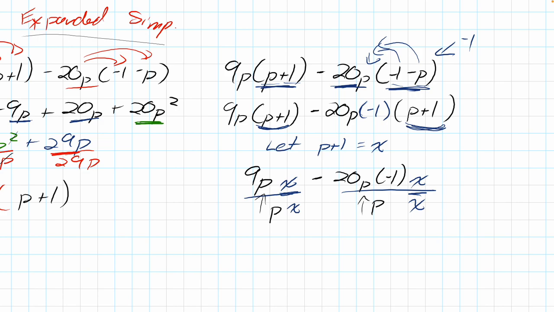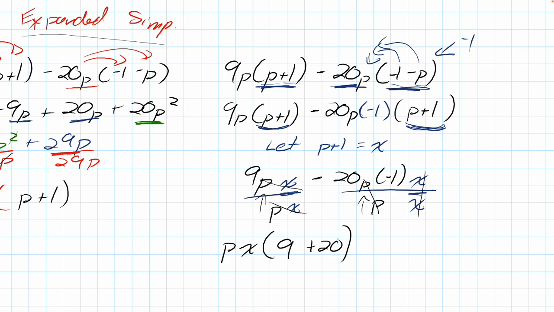This is a negative 1. I'm going to keep it and we can deal with it after. But let's common factor out px. When I do that, this all disappears and we have a 9. And here we have negative 20. The p disappears, the x disappears, times negative 1. Do you know what negative 20 times negative 1 is? 20.